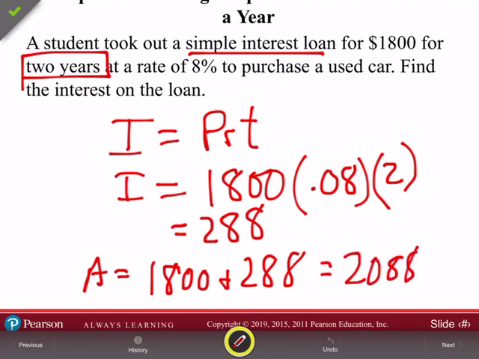So the future value of this loan is $2,088, and the present value would just be the $1,800. But for the loan company, it's worth $2,088 in the future.